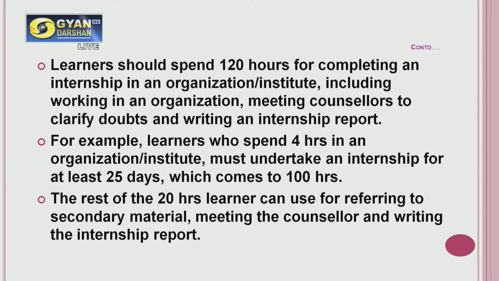For example, if learners spend 4 hours in an organization or institute, they must undertake the internship for at least 25 days, which comes to 100 hours. The remaining 20 hours, you can utilize for referring to secondary material, meeting the counselor, and writing and completing the report.